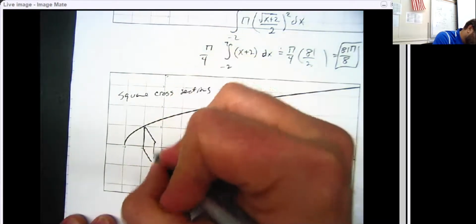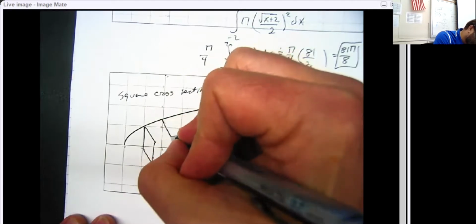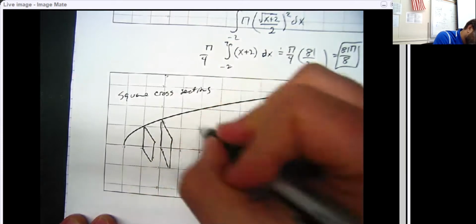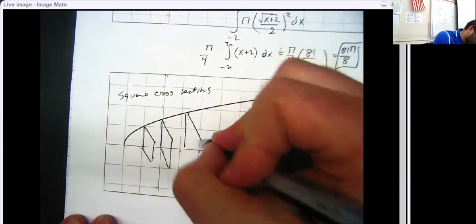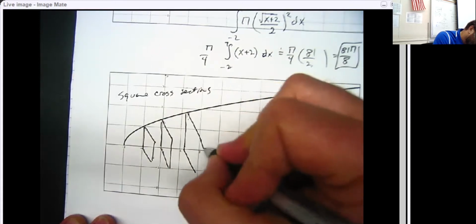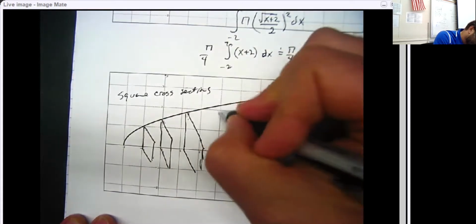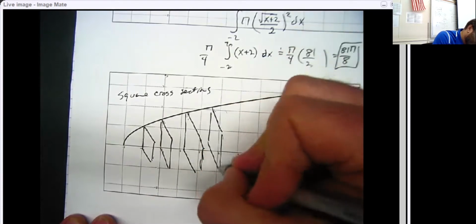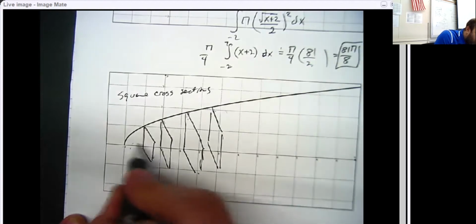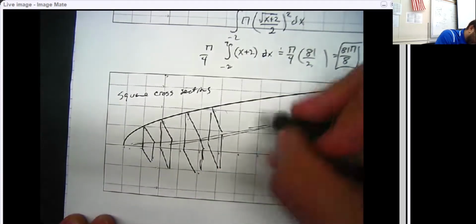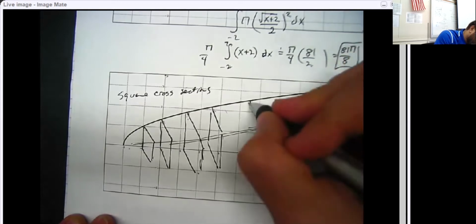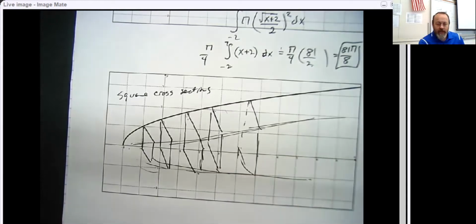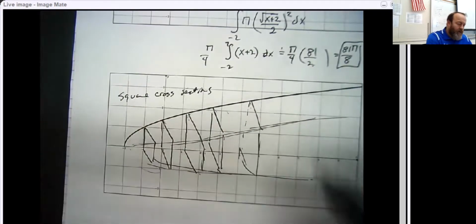So keep in mind as those square cross sections come out like this, we usually draw them kind of like that. I'm trying my best to make them look good, but this is going to look a little bit rough. And so you're going to see that we have a shape that is getting larger and larger as we extend out.